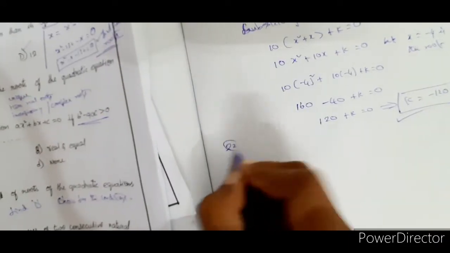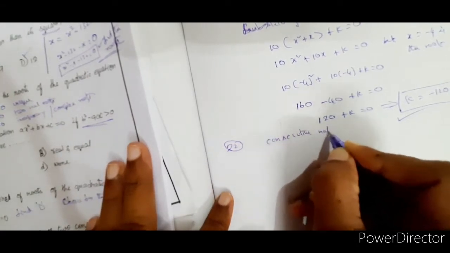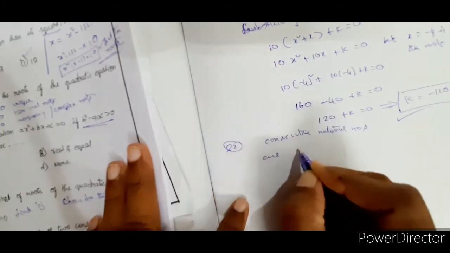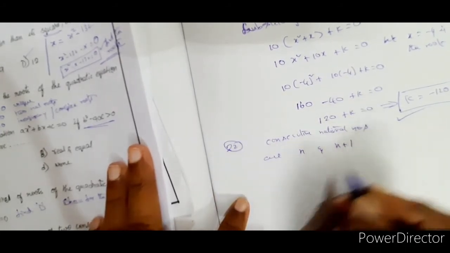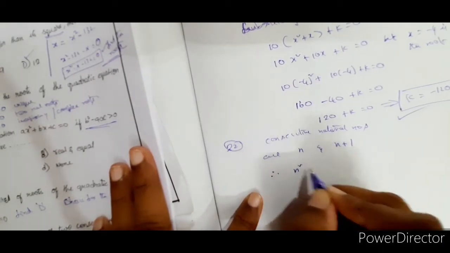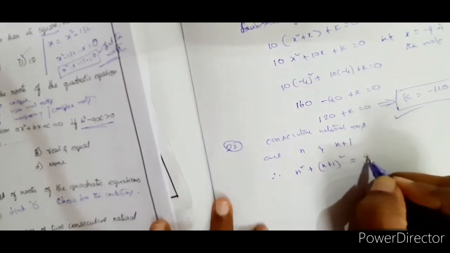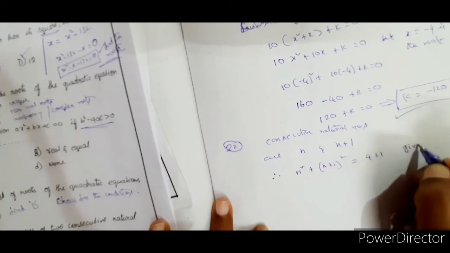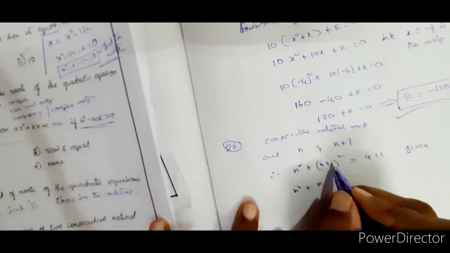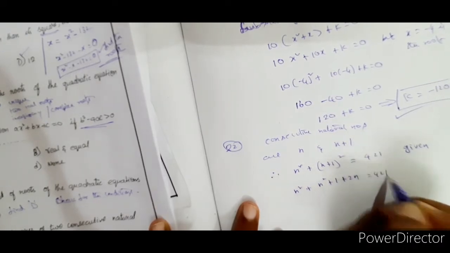22nd problem. Consecutive natural numbers are n and n plus 1. Therefore, n square plus (n plus 1) whole square is equal to 421. This is given. Now, let us expand this one. n square, using the (a plus b) whole square formula, n square plus n square plus 2n plus 1 is equal to 421.